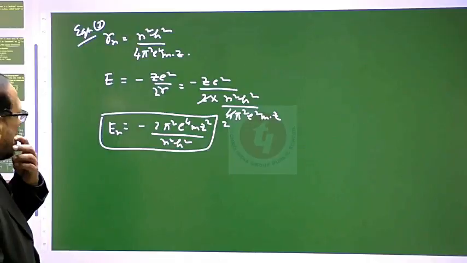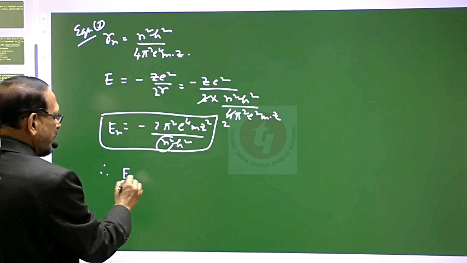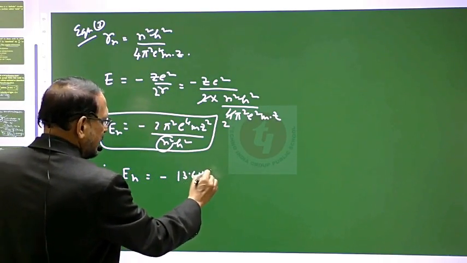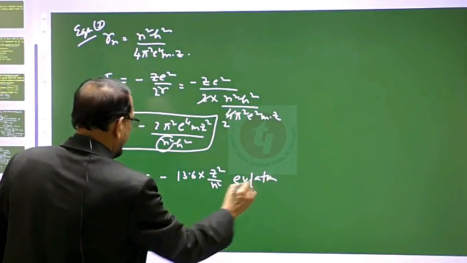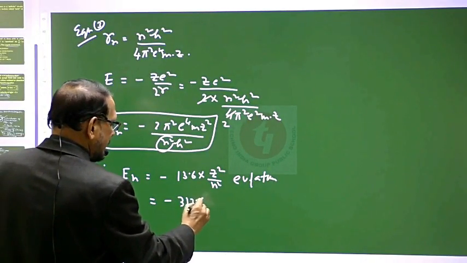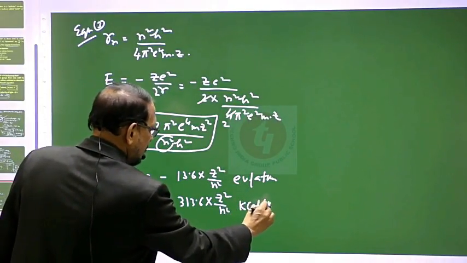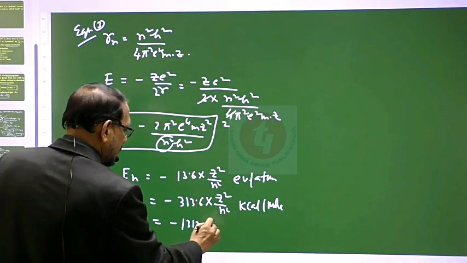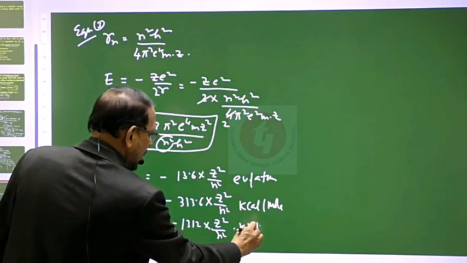Now we know Z square and N square are the variables. Therefore, putting the values of the others, we get minus 13.6 into Z square by N square in the unit electron volt per atom. If we write in kilocalorie, minus 313.6 into Z square by N square kilocalorie per mole. And in kilojoule, it is minus 1312 into Z square by N square kilojoule per mole.